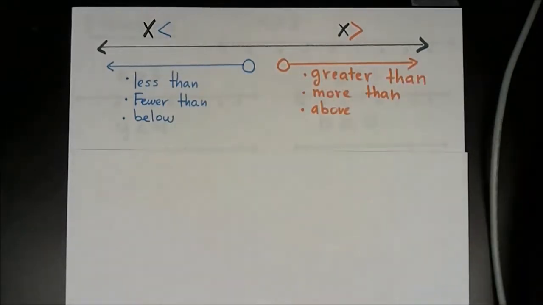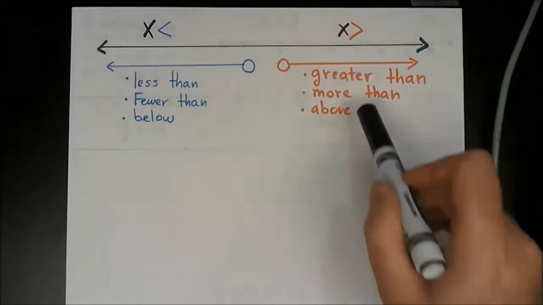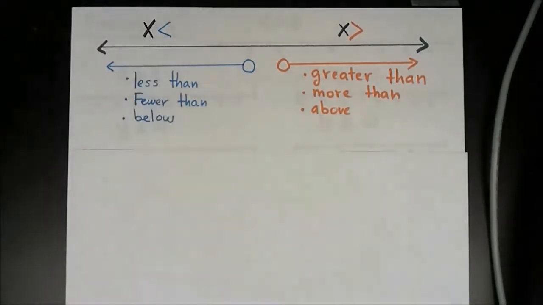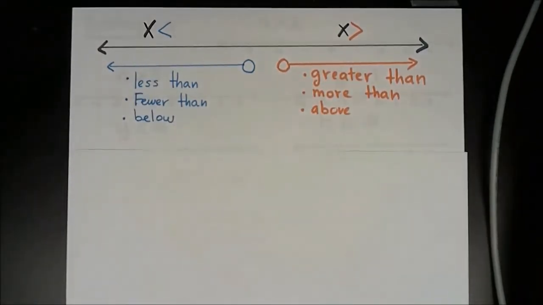This is greater than, which means it's greater than something, more than something, above something, but they don't include that something. Here, less than something, fewer than something, below something, but they don't include that something there.